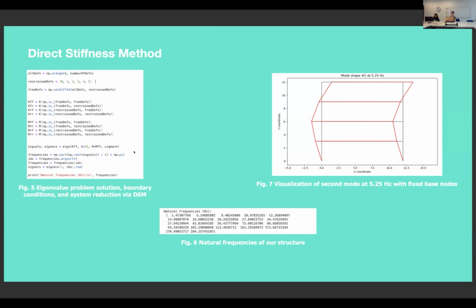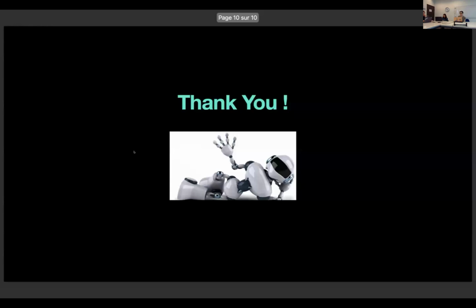So our goal is to implement as many nodes as we want per beam or per column. The difference with the project led last year, where the nodes were implemented manually, is to create an automatic process to generate as many nodes as we want per beam or per column, so we will have a more accurate representation of the deformation.